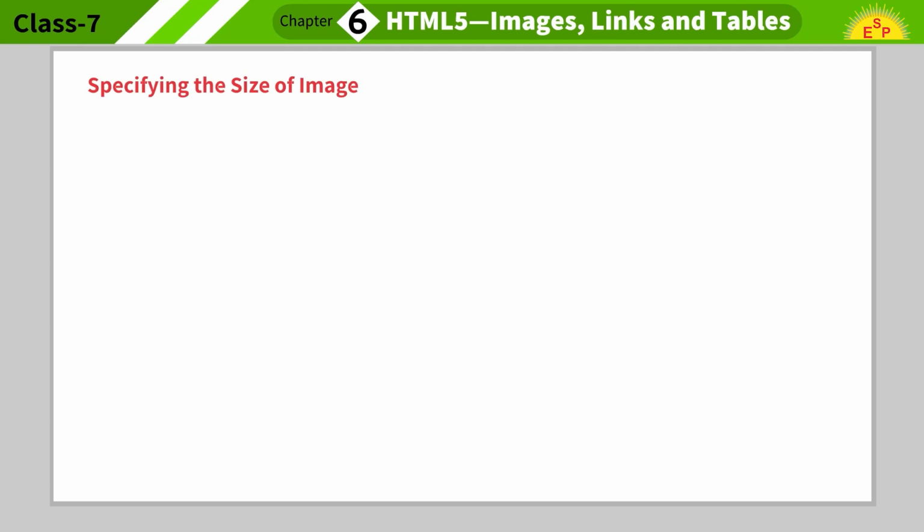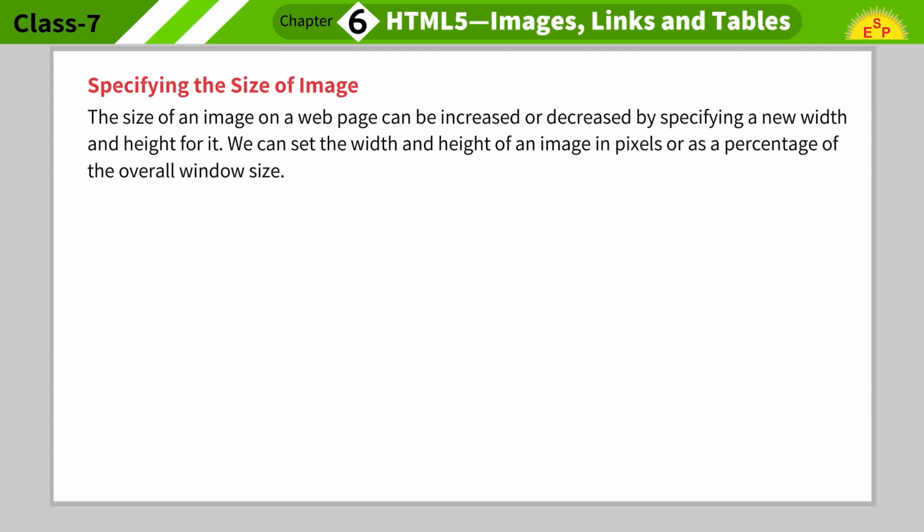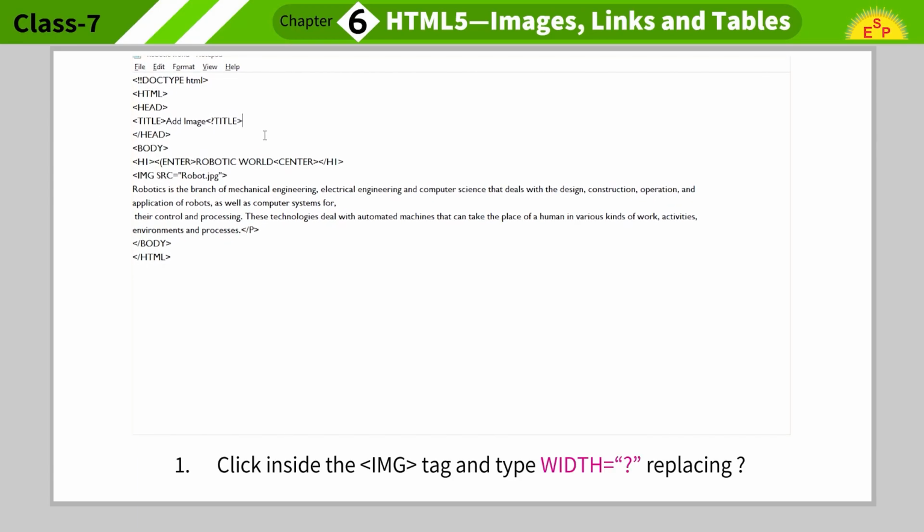Specifying the size of an image. The size of an image on a web page can be increased or decreased by specifying a new width and height for it. We can set the width and height of an image in pixels or as a percentage of the overall window size. Follow the steps to change the size of an image. Step 1.